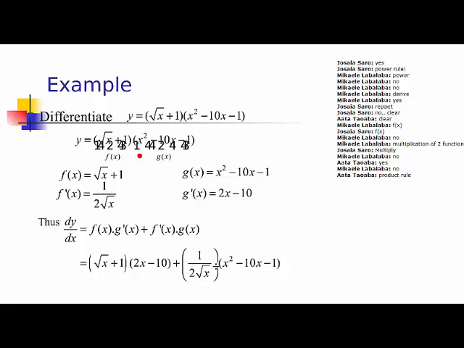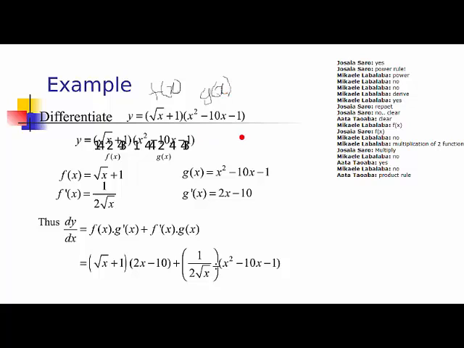Product rule, right? So we will be applying product rule, but product rule has f of x and g of x. So we can just say that the first one over here is f of x. So we consider root of x plus 1 as f of x, and we consider x squared minus 10x minus 1 as g of x.